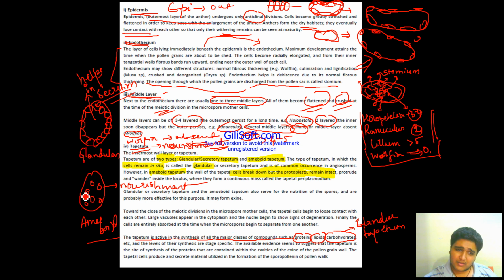Now, also one more thing: when you're talking about glandular tapetum, it helps in the formation of sporopollenin of the pollen walls. Now, this is important because we will have a question next. What is sporopollenin?